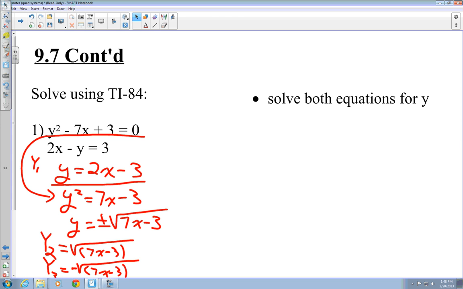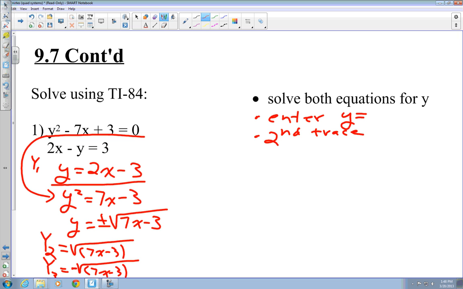Okay, so you put it in your y equals. Everybody, well, most of you got that done. And next, you're going to say second trace. And under second trace, you're going to choose intersect.